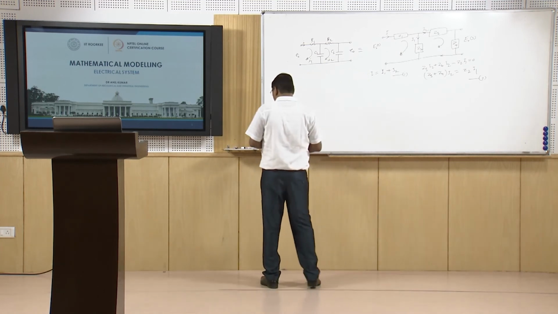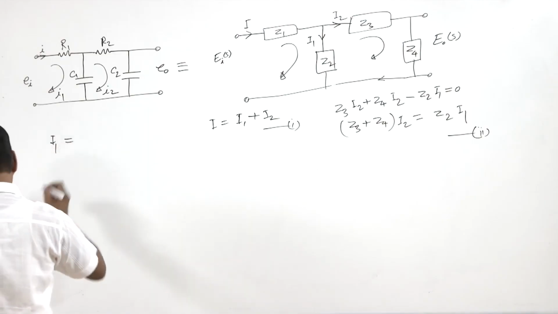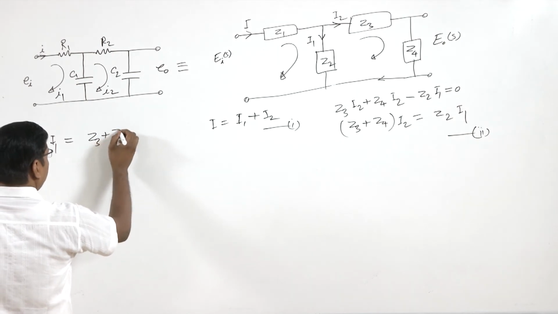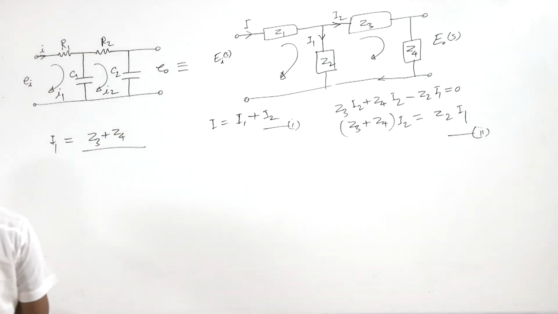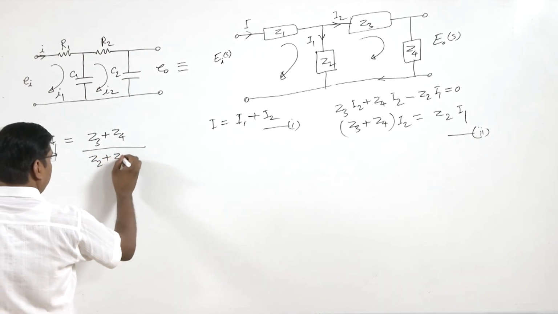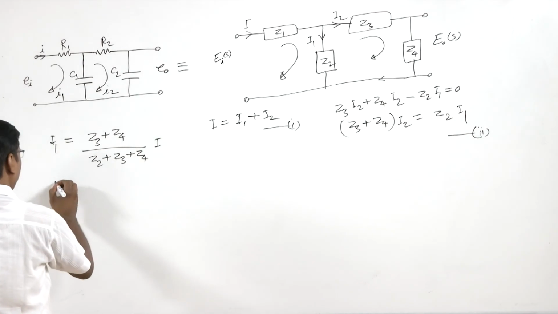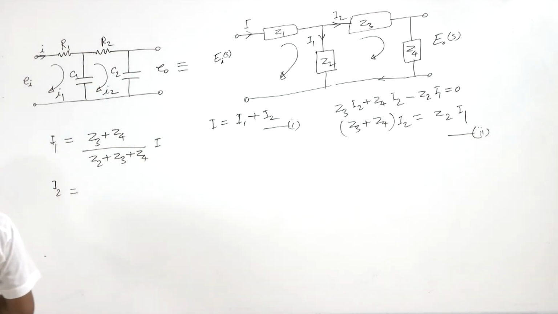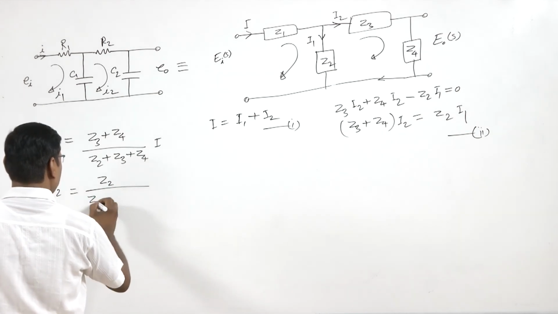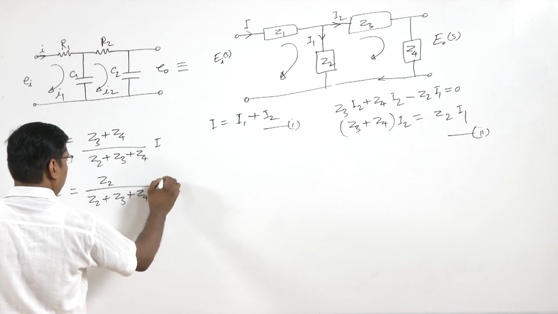So we solve these equations, and we will find I1 equal to (Z3 plus Z4) upon (Z2 plus Z3 plus Z4) into I, and I2 equal to Z2 upon (Z2 plus Z3 plus Z4) into I.